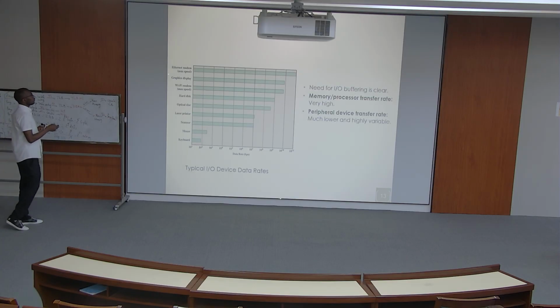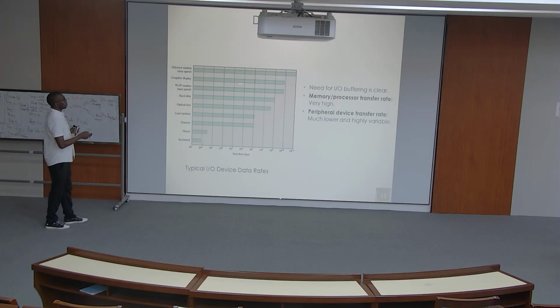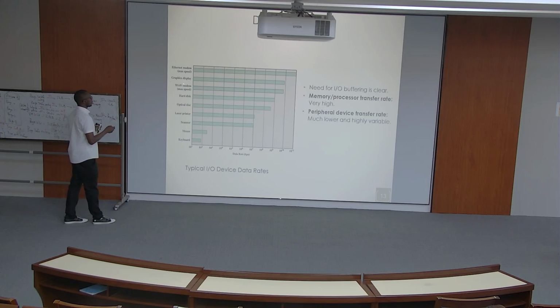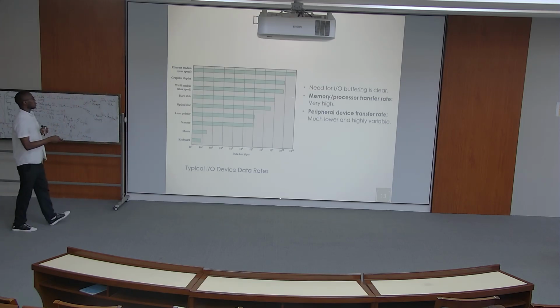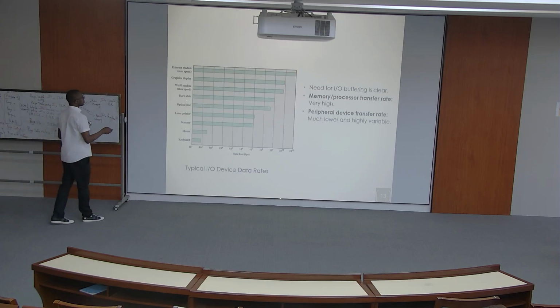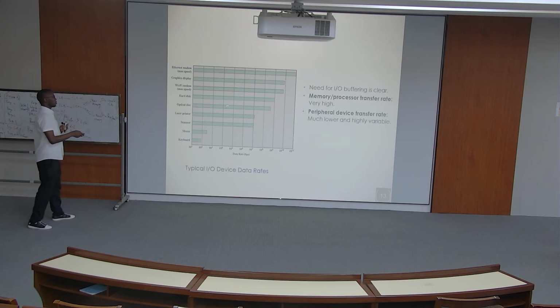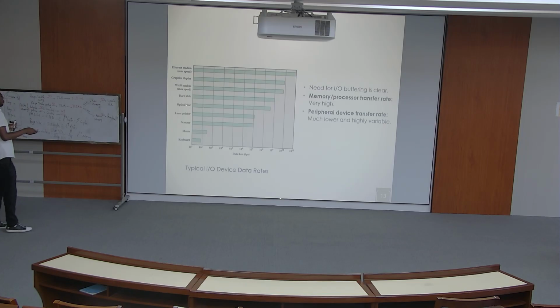You see, here we have the Ethernet module. This is its maximum speed. We have the graphics display. This is its maximum speed. We have the hard disk. This is its maximum speed. We have the optical disk. This is its maximum speed. We have the laser printer. This is its maximum speed, and the scanner, and so on and so forth.